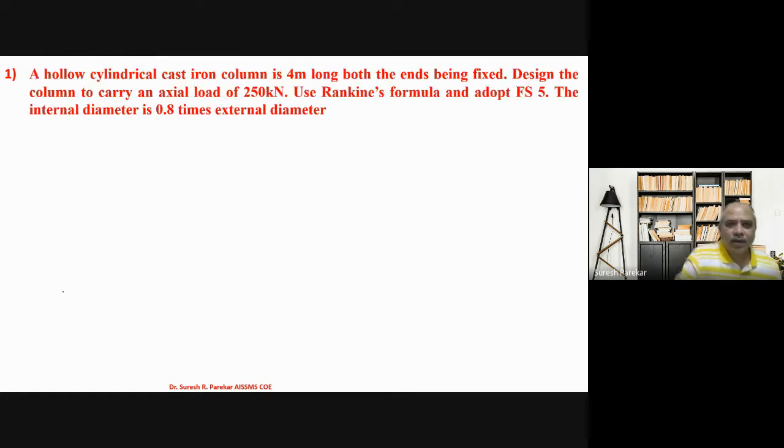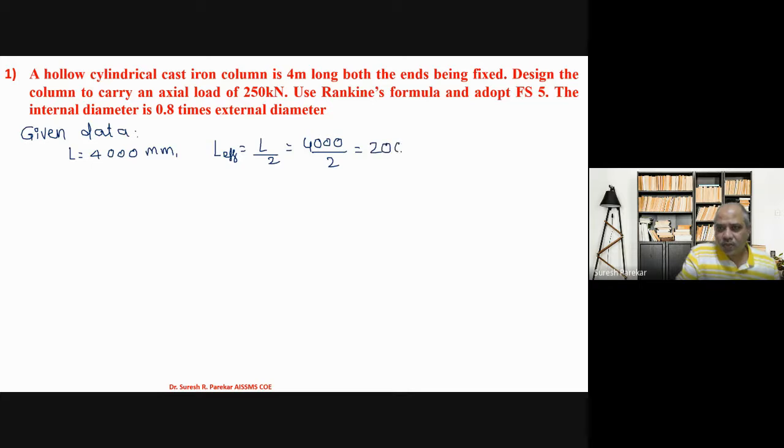Then we have the second problem. A hollow cylindrical cast iron column 4 meter long, both ends fixed. So we will go with the given data. L is given as 4000 millimeter. Now both ends fixed, so L effective equals L by 2, equal to 4000 by 2, equal to 2000 millimeters.